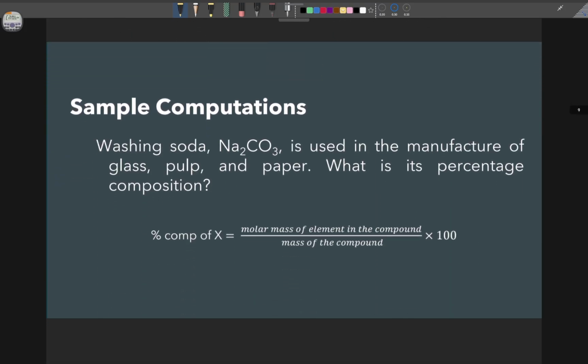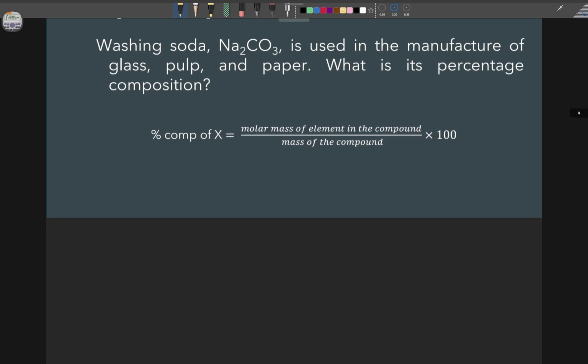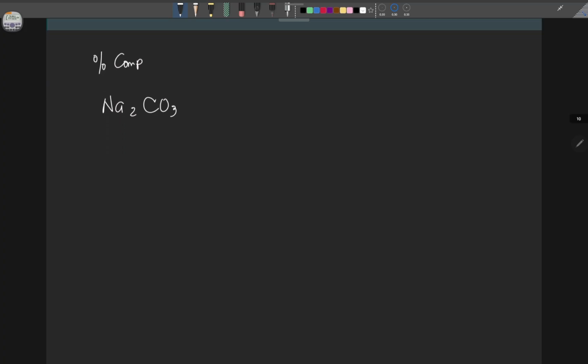Okay, let's try another one. Washing soda is used in the manufacture of glass, pulp, and paper. Find the percent composition of each element. So that will be Na2CO3. We find first the molar mass.